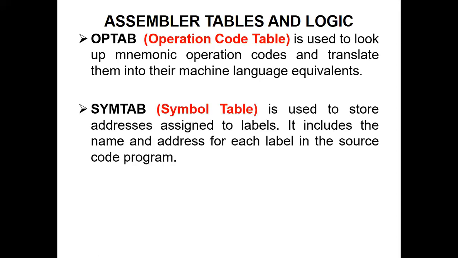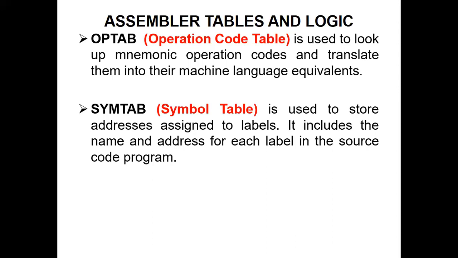Then when we get the addresses, there is what we call the symbol table, which we abbreviate as SymTab. This is a table which you generate when you assign addresses to all the labels. So this one is generated during pass 1. During pass 1, you remember, we assign addresses to all the labels.